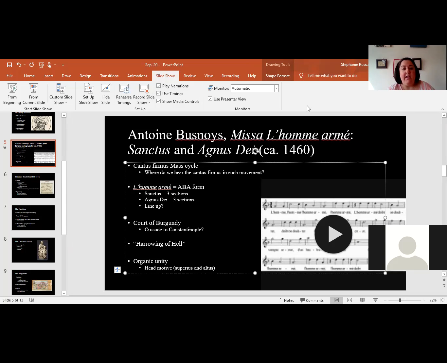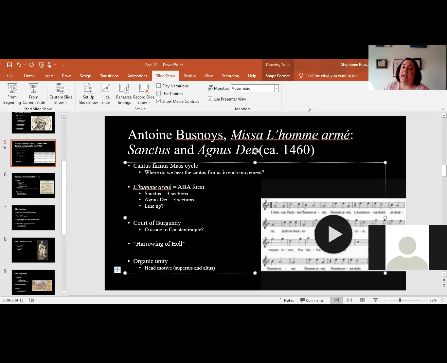The Sanctus is a movement that has 3 sections to it. The Agnus Dei is a movement that has 3 sections to it. If we're looking at the score, we want to ask ourselves, is Benoit making the 3 sections of Le Marmite line up with the 3 sections of the mass movement? If so, how? If not, how?